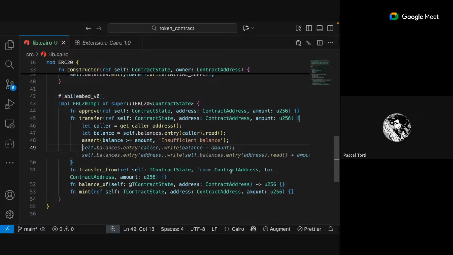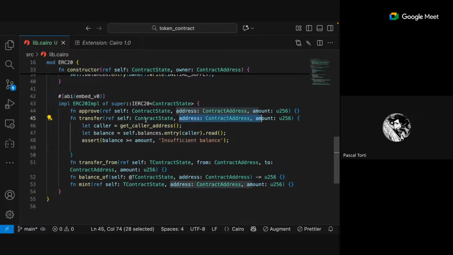It's just that easy. If the balance of the caller is greater than or equal to that amount, we're going to deduct that amount from the balance of the caller, then add that amount to the balance of the receiver. So this is the receiver here. We're going to transfer to this address. So yeah, that is it.